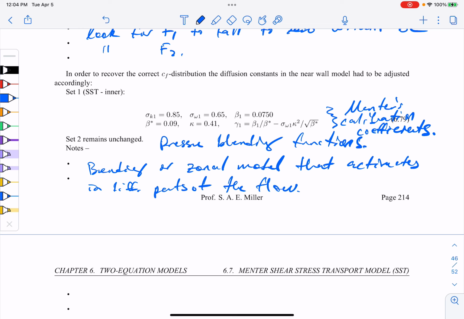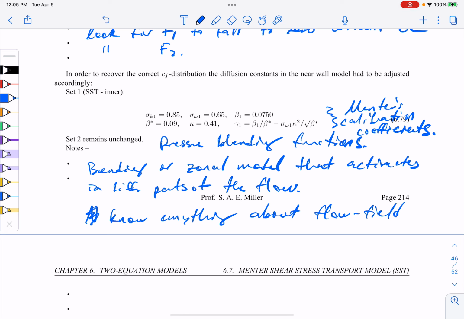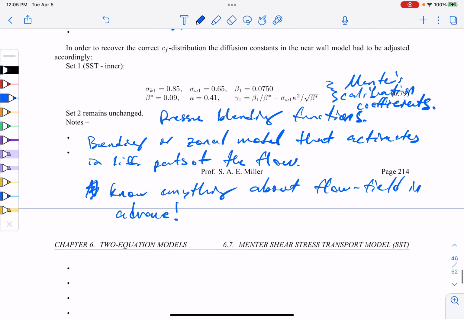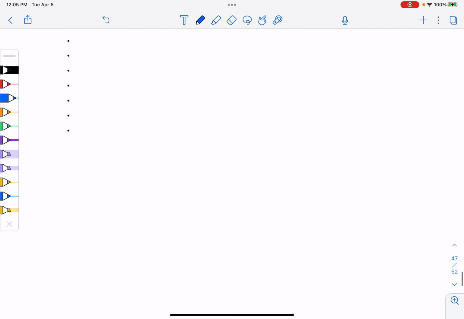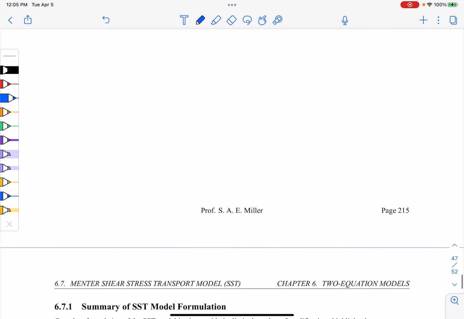And the good thing is you don't need to know anything about the flow field in advance, which is really good.